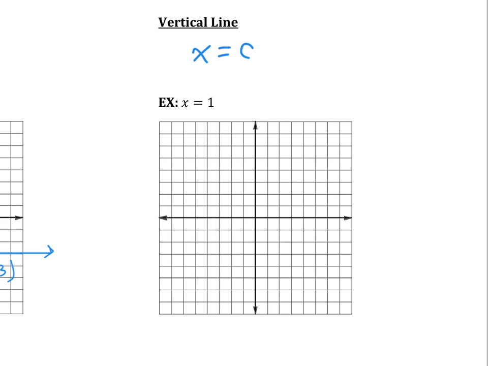So I can pick any point where our x value is 1. So here's when x is 1, up here x is 1, and down here. And I could go ahead and draw a vertical line right through it. And if we label those points, I have the points (1, 4), (1, 0), and (1, negative 3).